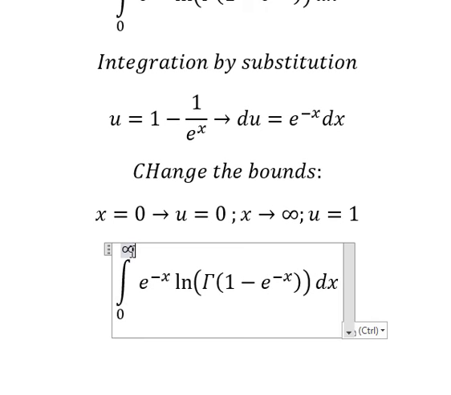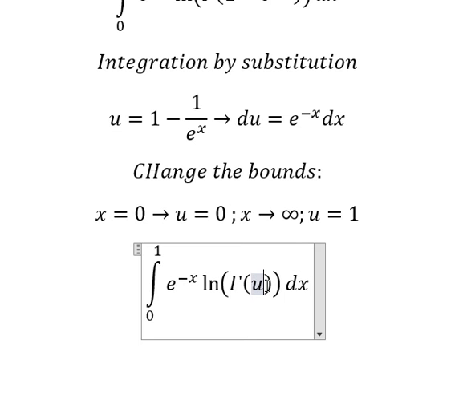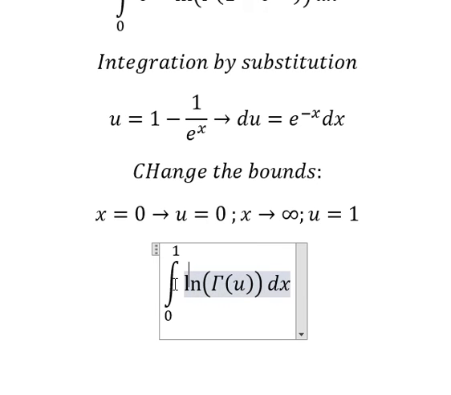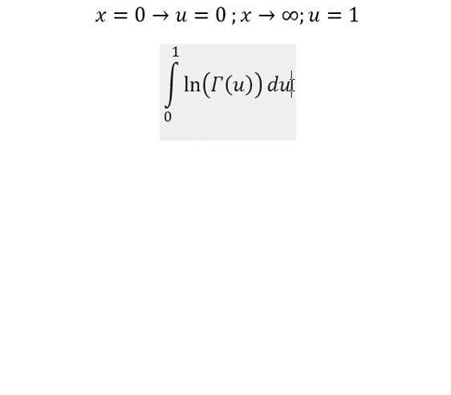So this one we change for number 1. This one we change for u. e to the power of negative s ds, we change for du. Now we have the second formula to calculate this one.